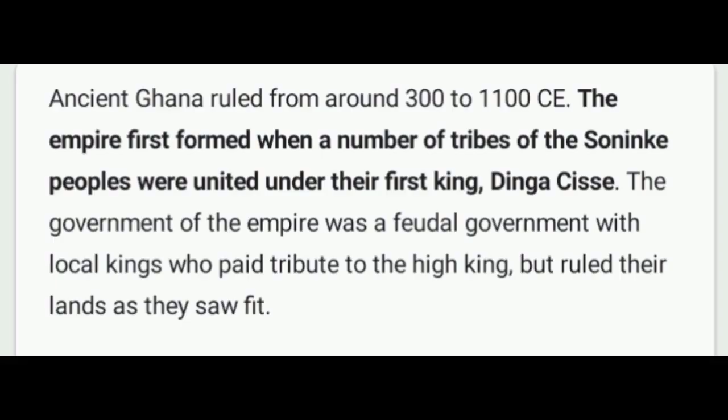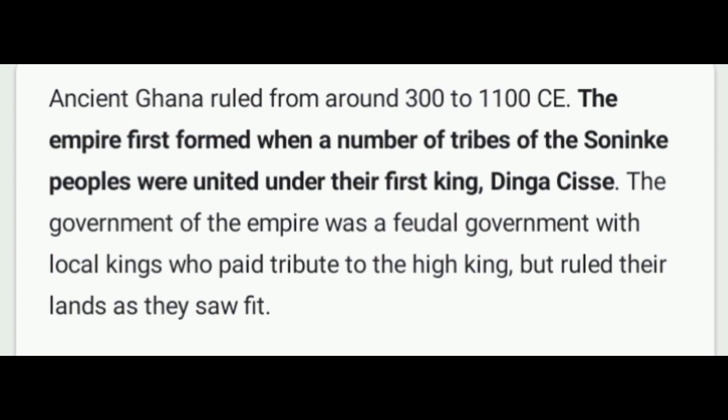We talked about Ghana Empire when we were talking about its origin. We said it was founded by the Soninke people, the Soninke tribe, that they gathered people from scattered places together to form an empire. The title of their king was called Ghana, meaning a warrior or a powerful king.